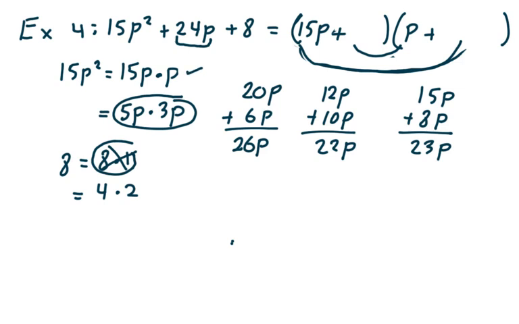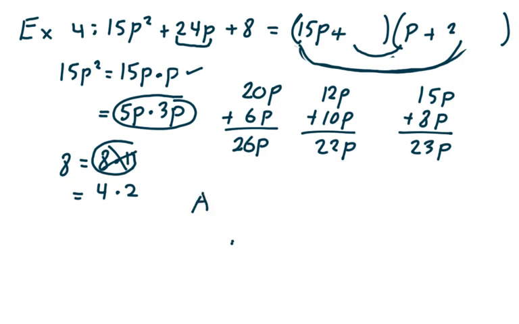So we need to try 4 and 2. If I put a 4 here, in your mind, you should be thinking 4 times 15 is 60. That's bad, because I'm trying to get 24 back. And if I put the 2 there, it still doesn't work because 2 times 15 is 30. And so none of these combinations work.